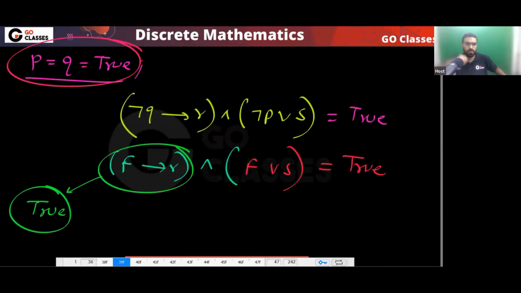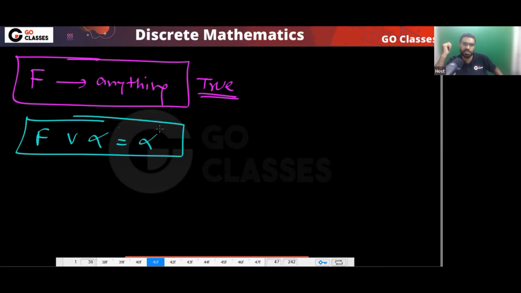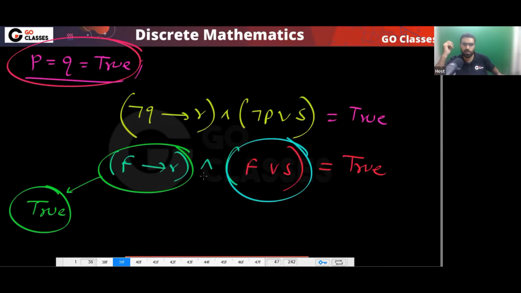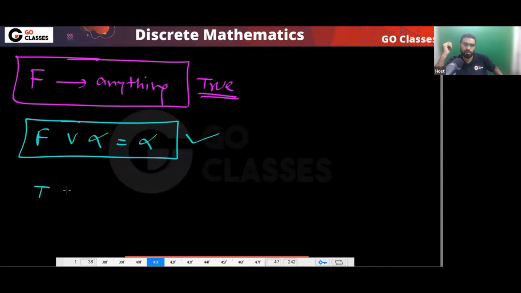Now what about this? False or S, that is S. You know, false or alpha is alpha. We have already seen this in the last live session. So this is S. So finally what you have is true and S. What about true and alpha? That is alpha.